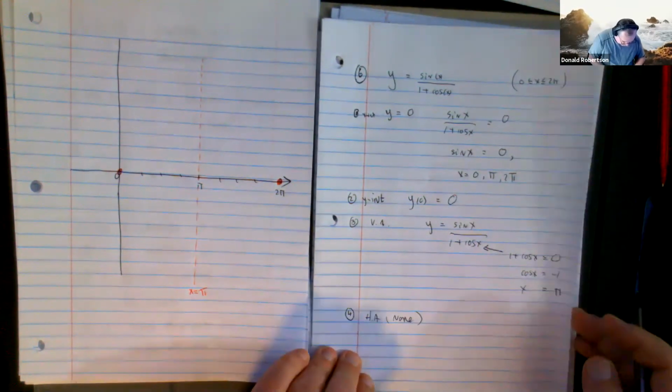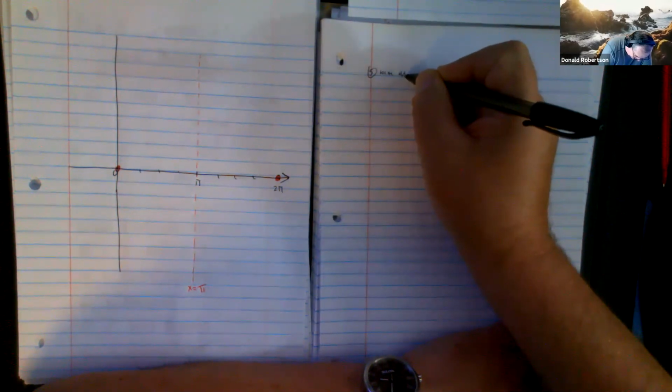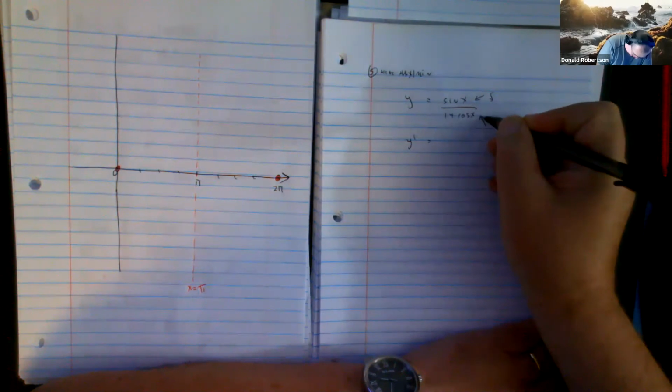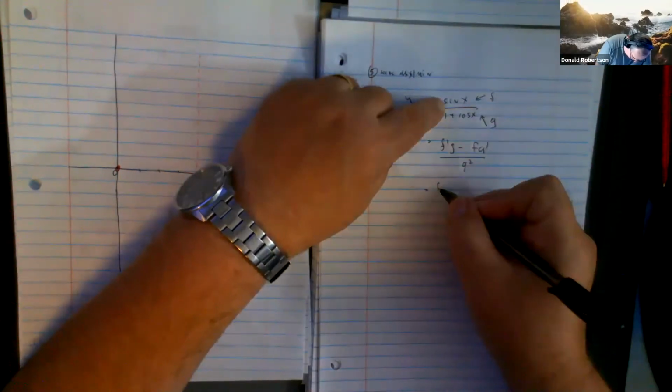Now let's move to the next phase. The next phase is that we need to find local max and min and all that good stuff. So here's the function. I'm going to find its derivative. Top will be f, the bottom is g. So this is going to be a quotient. Differentiate that guy, you get cosine x.